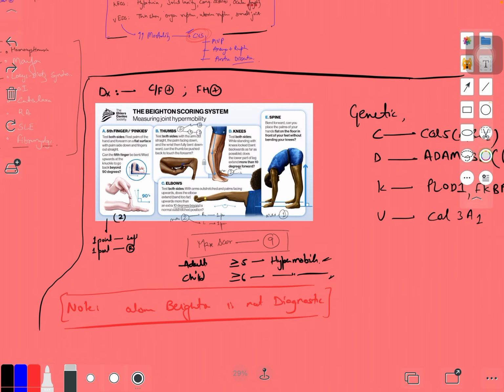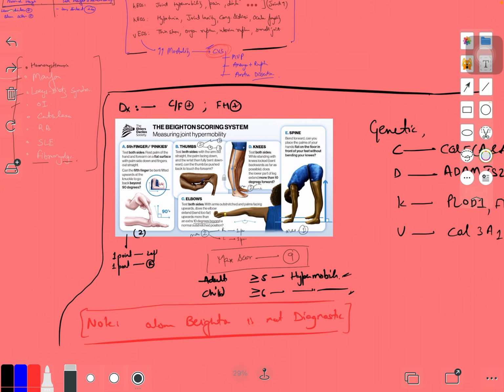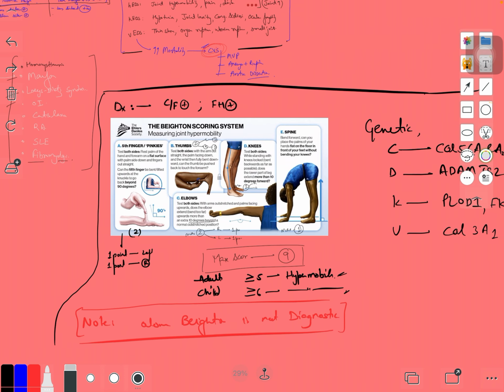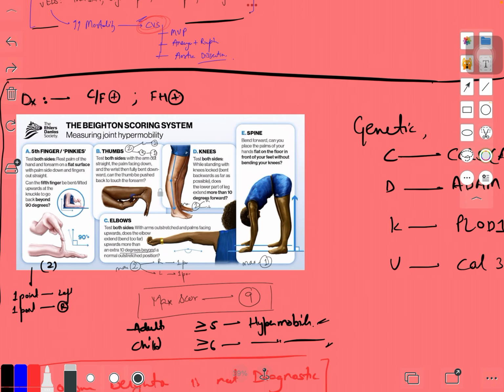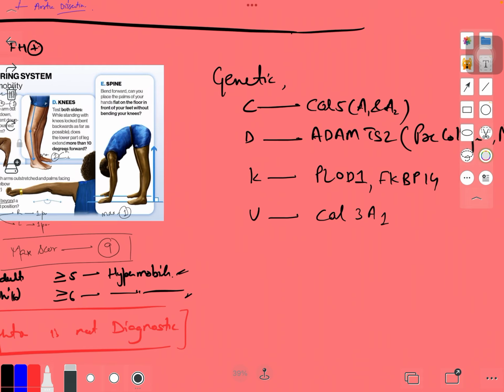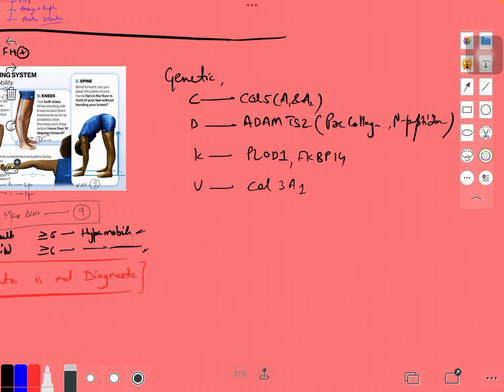diagnosis. And very important is that Beighton is not diagnostic, because naturally people also do some yoga, exercises, and because of that the patient can have a flexible body, right? Then we can also check for skin biopsies.